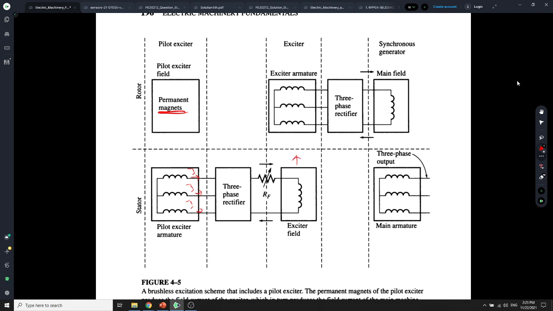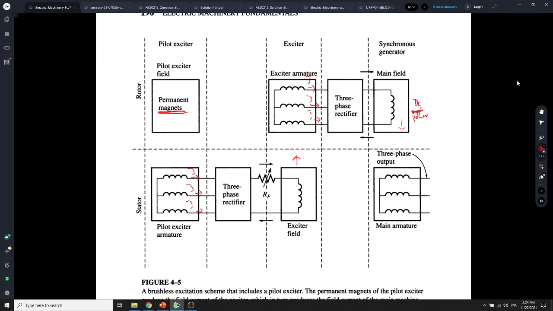So the rotor is moving, and this will induce again, and then they will rectify to a DC supply, DC power. When there is DC current, they will produce a magnetic field.